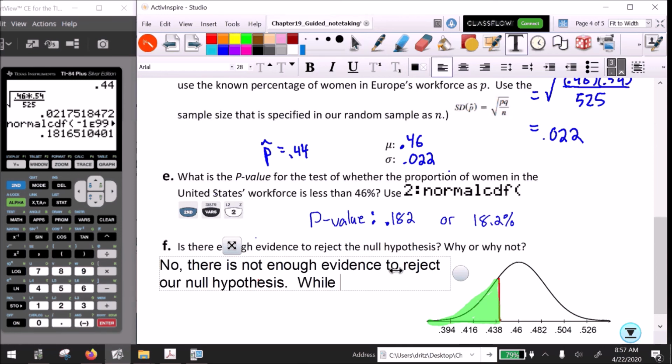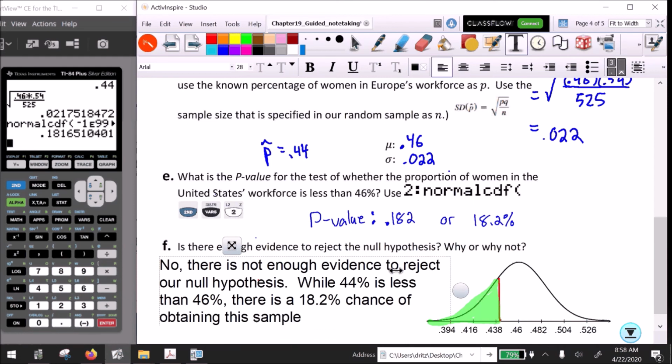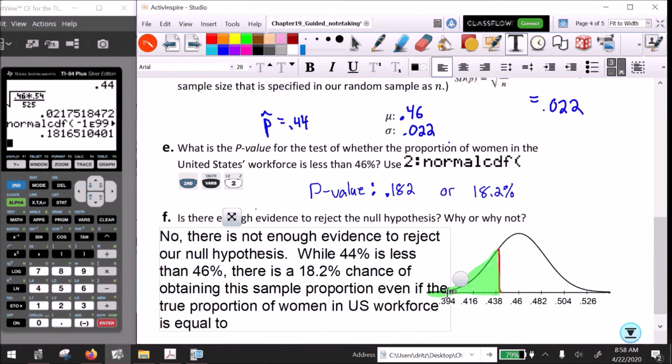While 44% is less than 46%, there is an 18.2% chance of obtaining the sample proportion even if the true proportion of women in the U.S. workforce is equal to that of Europe, 46%.